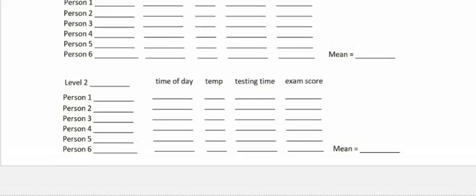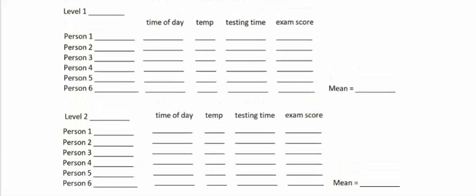Before we move on, I want to talk just a little bit more about control, balancing, and confounding of the extraneous variables. If an extraneous variable is controlled and it's the same value for everyone, then it's equal between the groups and it's not a confounding variable.